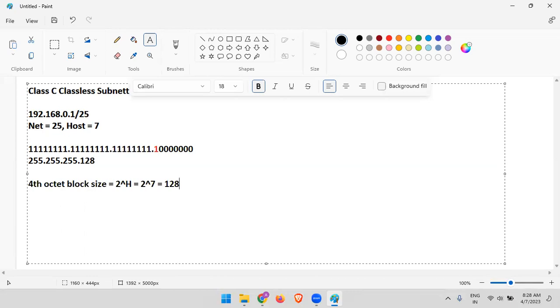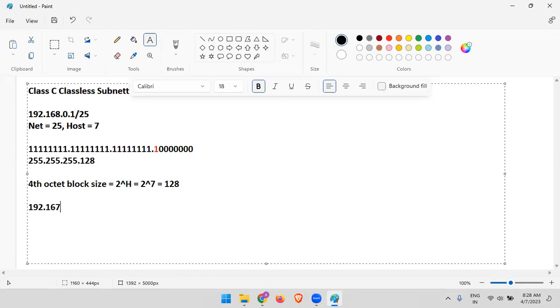Earlier I was getting 256 addresses, so my range was going from 0 to 255. This time I have 128 addresses, so my addressing will start from 0 and go until 127. Right? So let's design our first network.